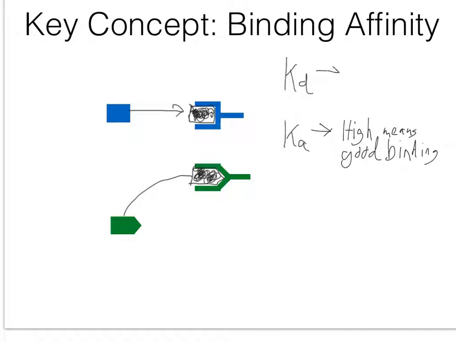With Kd, since that's a dissociation constant, the higher the number is, the more likely things are to fall apart. That means that the higher the Kd, you're a bad binder. So with Kd, low means good binding.